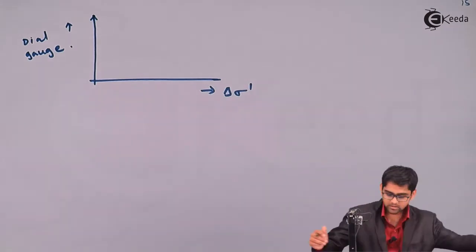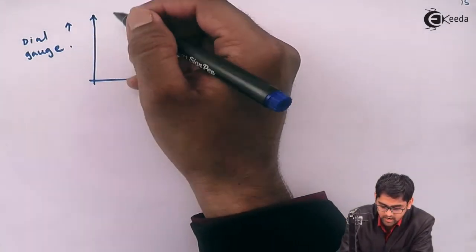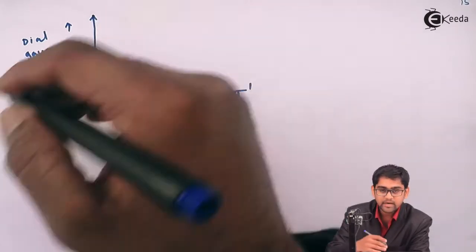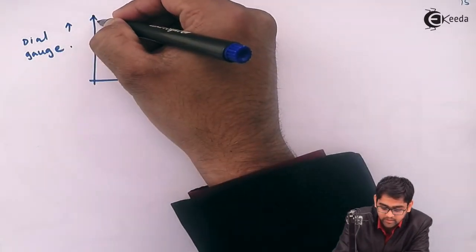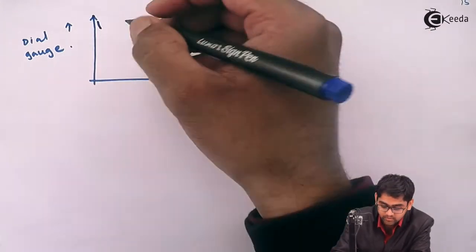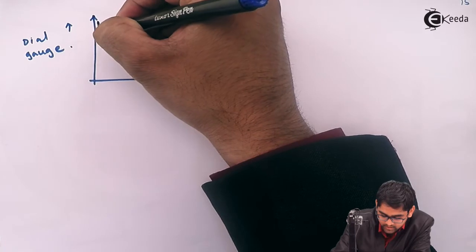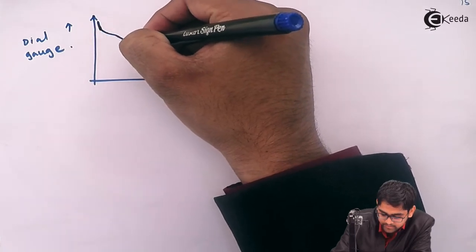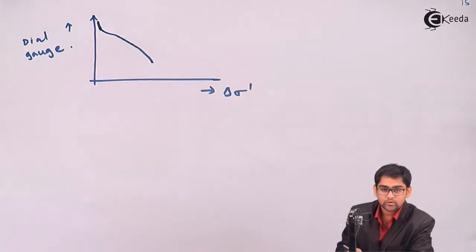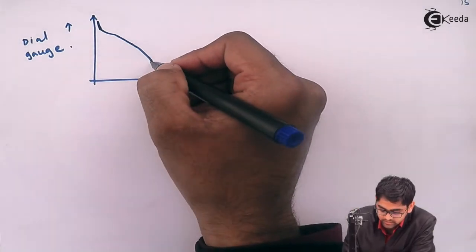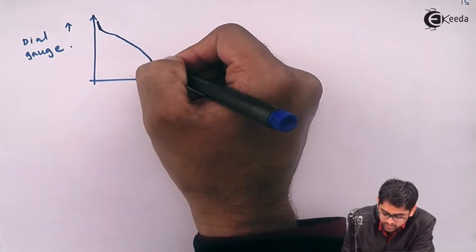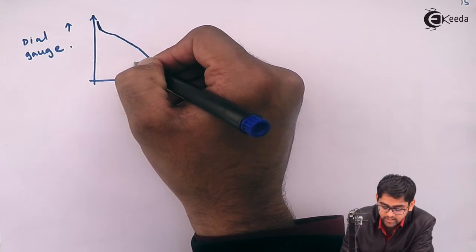And if you notice this particular graph, initially while you are applying load, the soil gets compressed in a small amount of time, and then it is compressed like this, and this is the loading part. Once this is loaded, you will remove the load, unloading it.